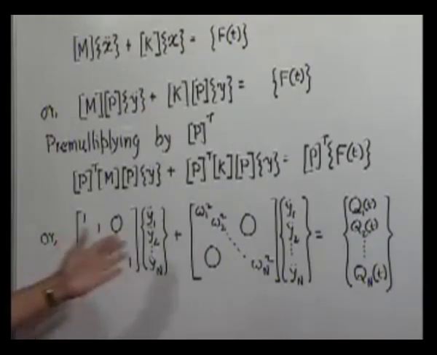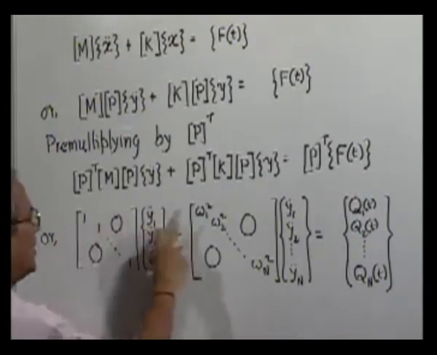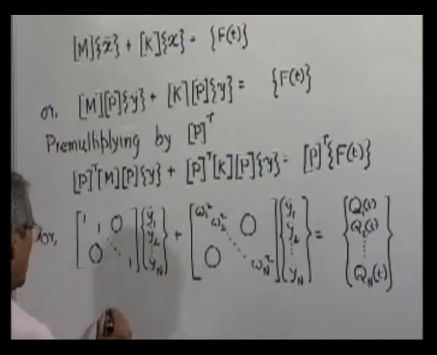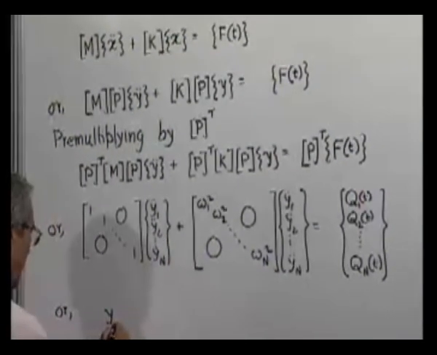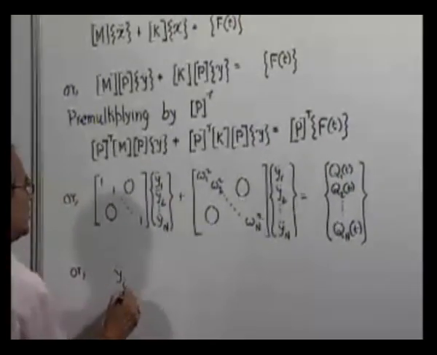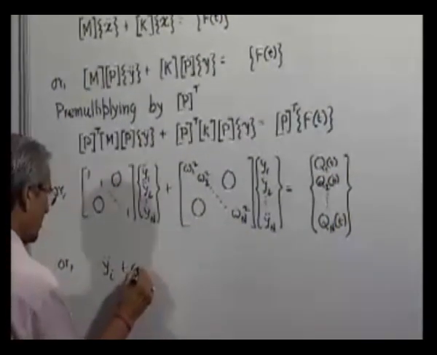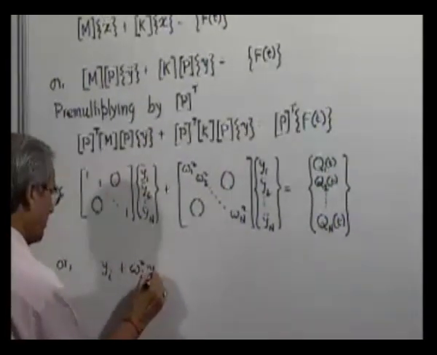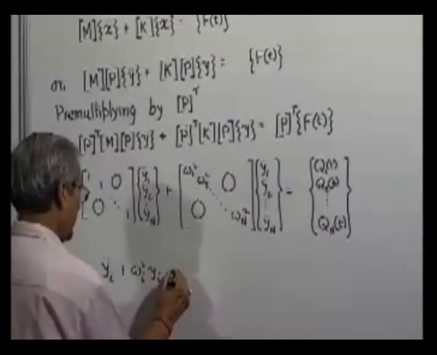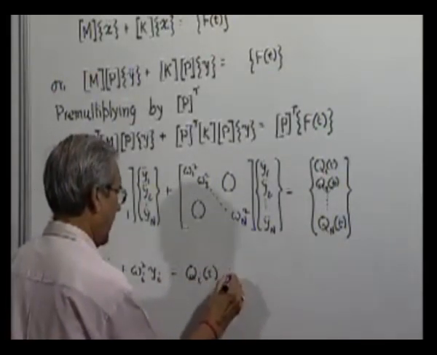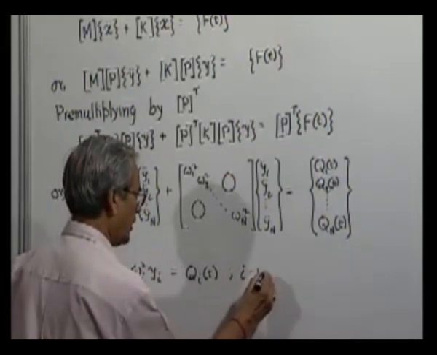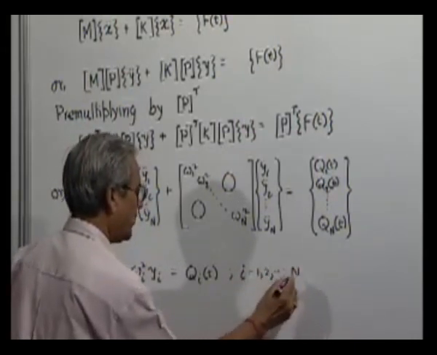So therefore, what we are getting is nothing but decoupled equations. The first equation will be y_i double dot plus omega_i squared y_i equal to q_i(t), with i varying from 1 up to n.